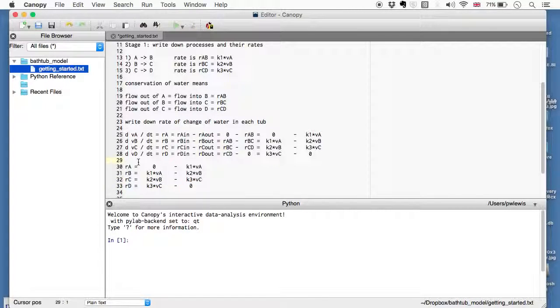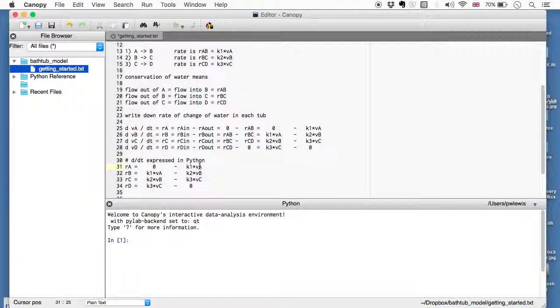So when we come to this, this is d by dt expressed in Python. Okay, so at any stage, given the volume in A, volume in B, volume in C, and we don't actually use the volume in D for this calculation, we can give you the rate of change of A, the rate of change of B, the rate of change of C, and the rate of change of D.